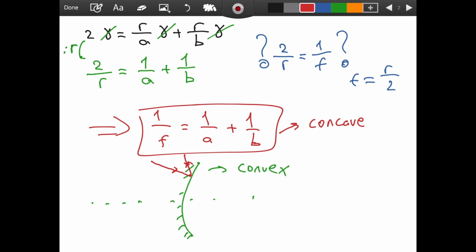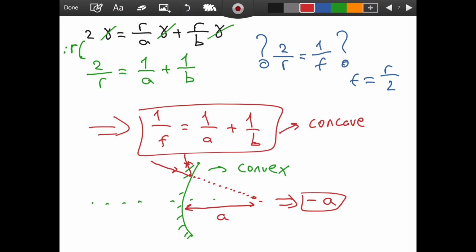So if we extend the direction of our ray, the light beam, it would cross the principal axis at some point, and this point will be our A value. However, since the light doesn't actually cross it, only its extension crosses it, we make this a negative A. Okay, so we substitute negative A for A here.